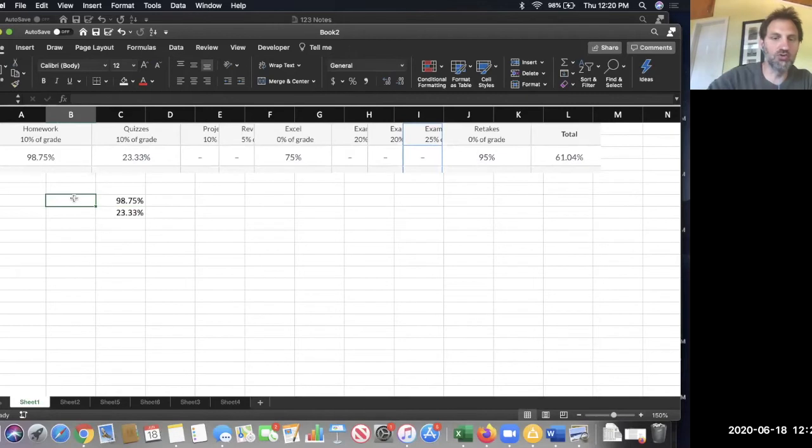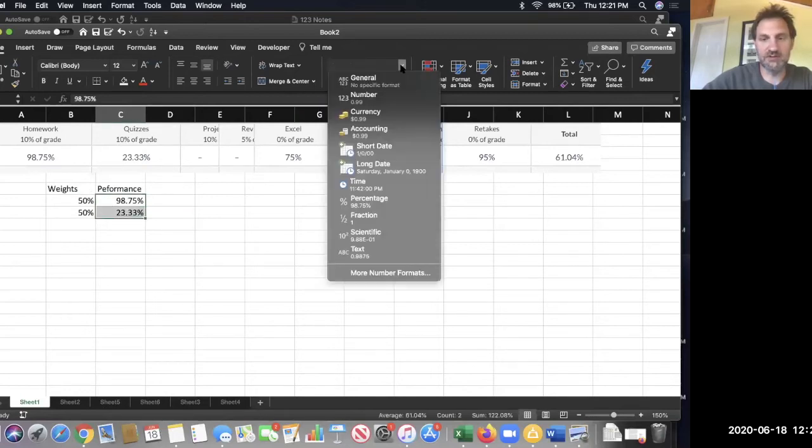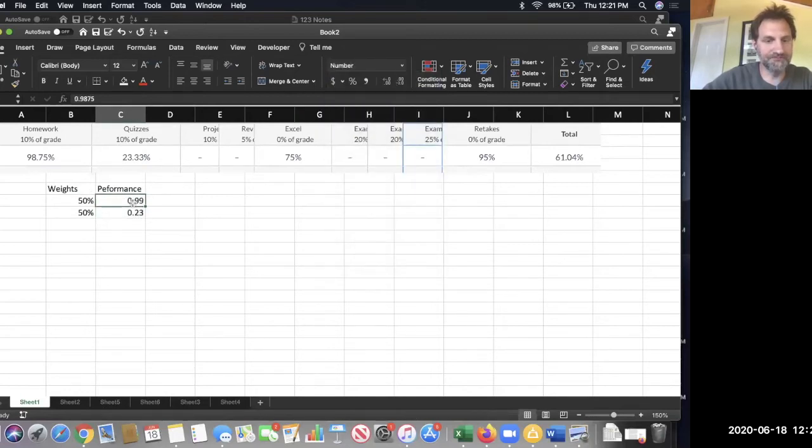But since they're the only categories, that means that right now, this is essentially 50% of the grade, and this is essentially 50% of the grade. So you've got to rethink the weights when it's an incomplete calculation, and this was the performance. So then if we multiplied across, I think I better rewrite those as numbers.